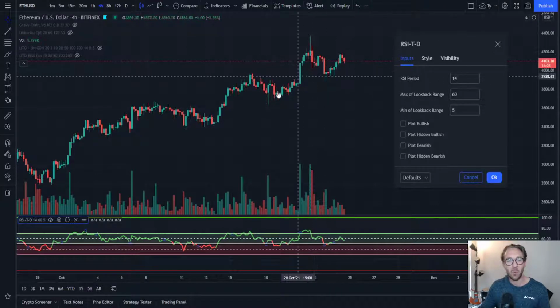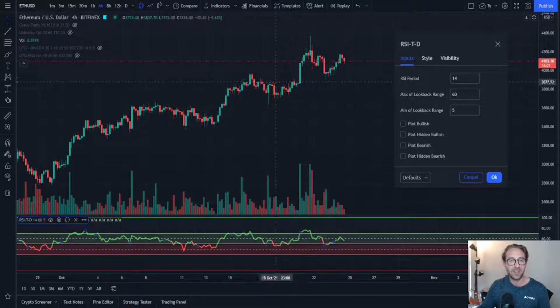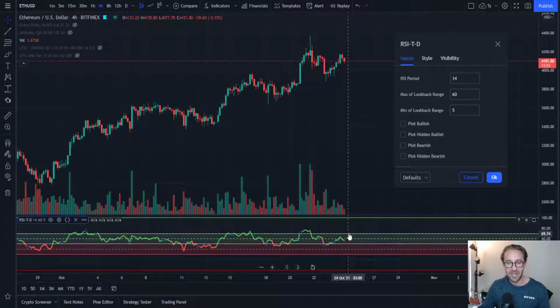That means it's taking 14 periods or 14 candles in the past to plot information on the momentum of a trend. So you can adjust this. The higher you adjust this, the less you will see price action trending up towards the 70 RSI, or the 30 RSI, and the shorter this is, the quicker you will find momentum heads towards that upper or lower band.